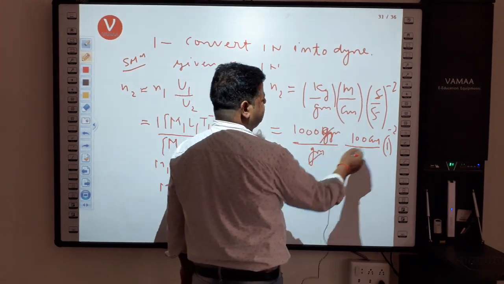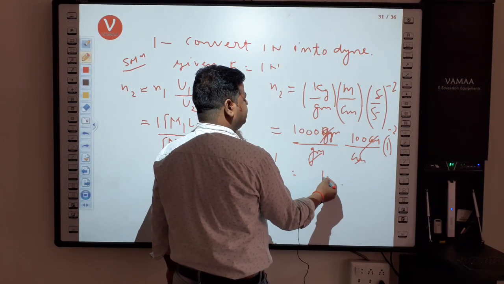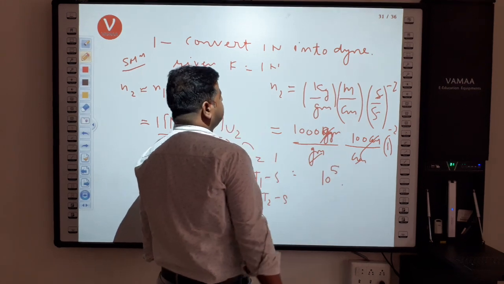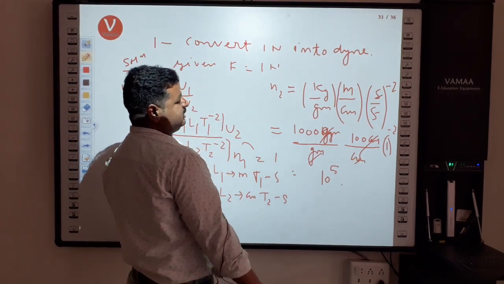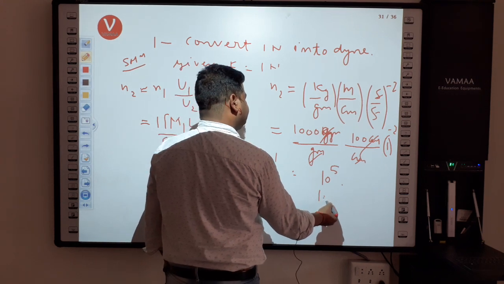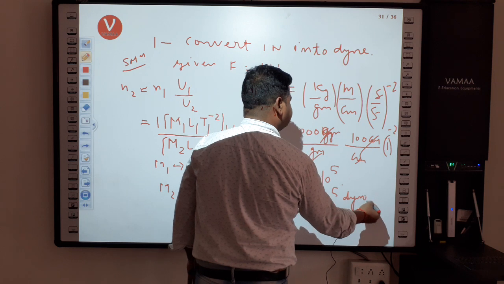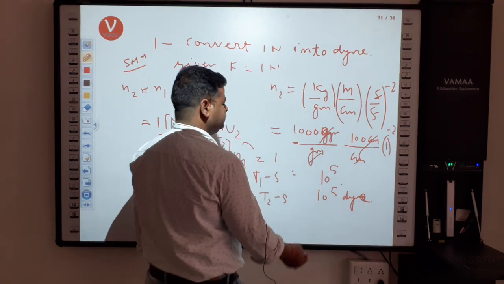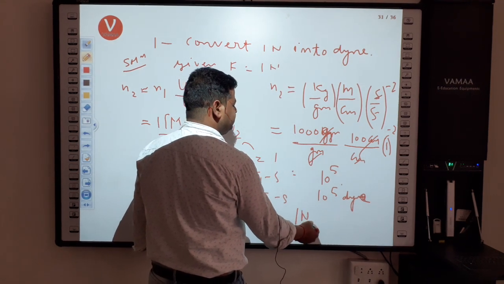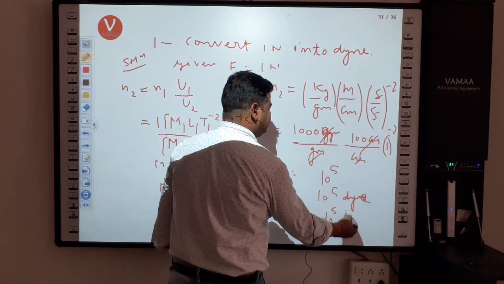After simplification we get 10 raised to power 5. So in the CGS system the force is 10 to the power 5 dyne. Finally we write 1 Newton is equal to 10 raised to power 5 dyne.